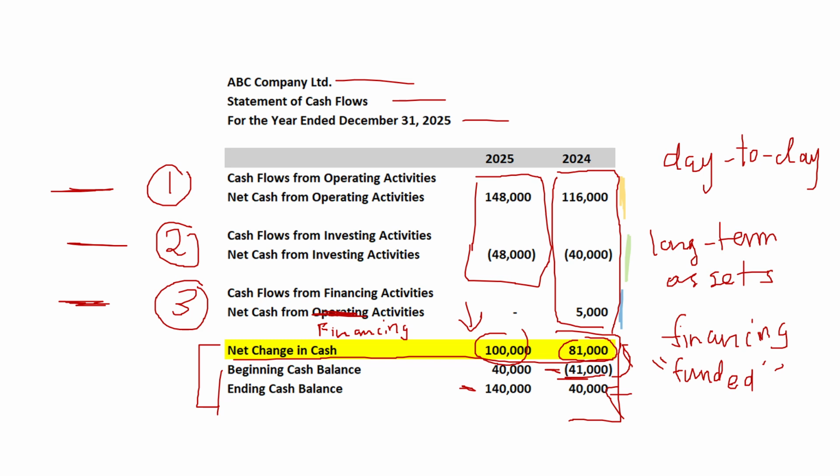The very bottom ending cash balance is the most current state. So if the company just gave you the statement right now, probably 140,000 is what they had at the beginning of 2026, because that's the end of 2025.